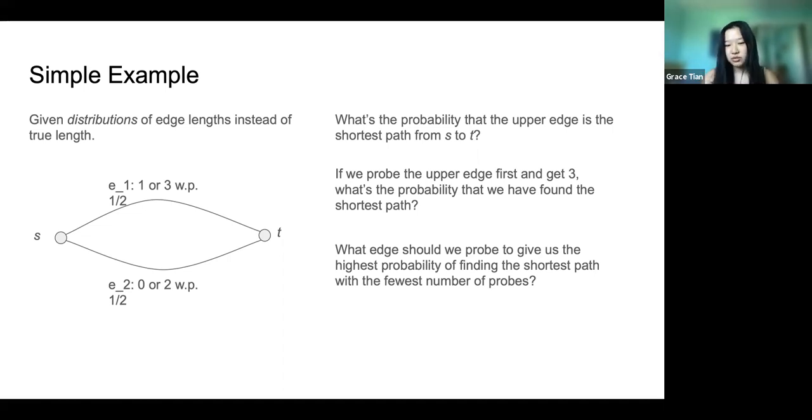And finally, what edge should we probe to give us the highest probability of finding the shortest path with the fewest number of probes? The answer is the second edge, E2, because if we get 0 for E2, then we know right away that it's the shortest path. And if we get 2, then if E1 is 3, we also have found the shortest path. So 3 out of 4 is the probability that we found the shortest path.